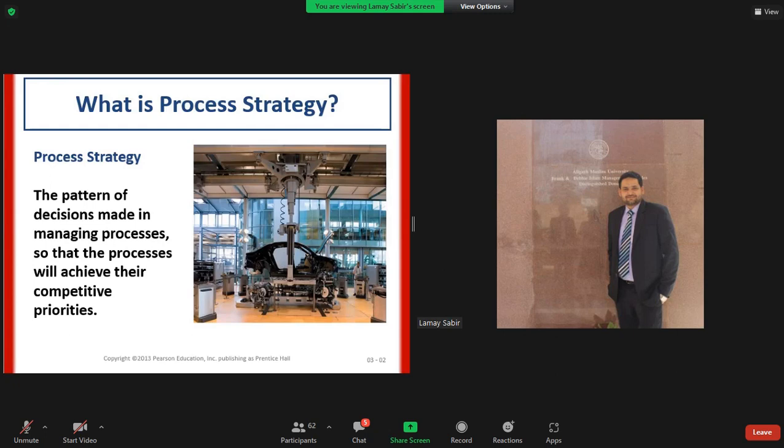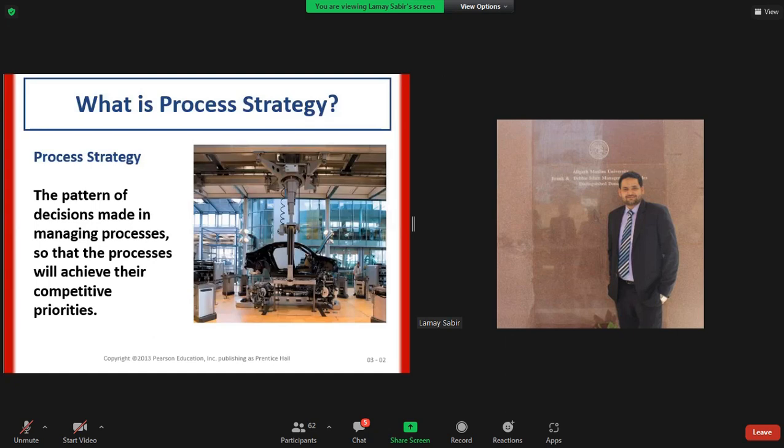Why is it so? Because you need to reduce the cost, you need to improve the efficiency, and you need to actually make the process work as per the requirement. So you need to be very clear about your process strategy.